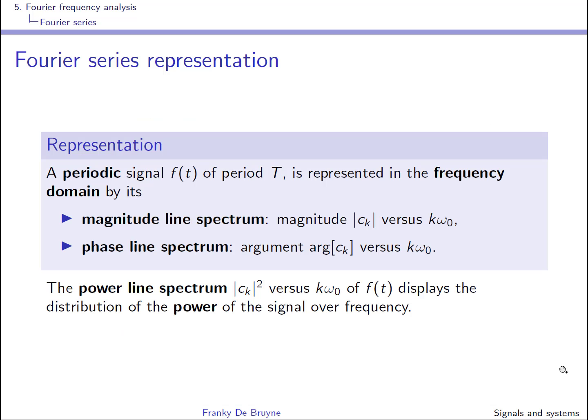So we have decomposed a function f of t of period T as a sum of an infinite number of terms ck e to the jk omega 0 t, so a sum of complex exponentials, and in these complex exponentials, you have sines and cosines.